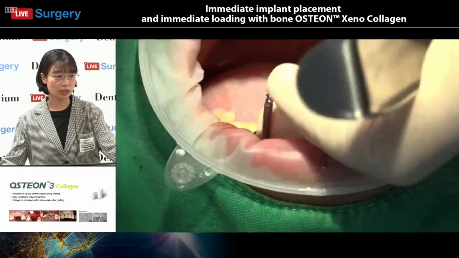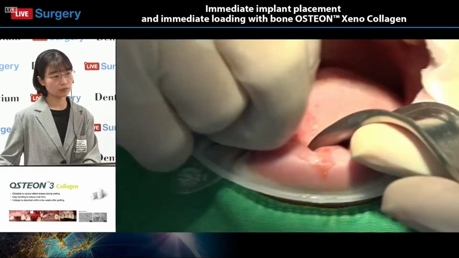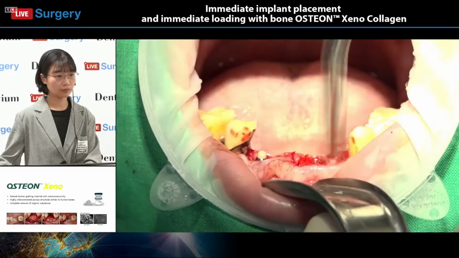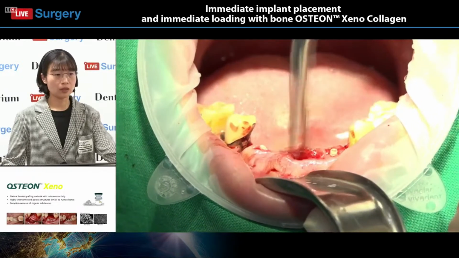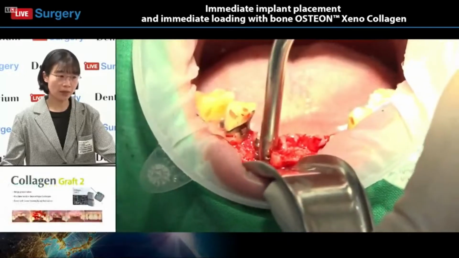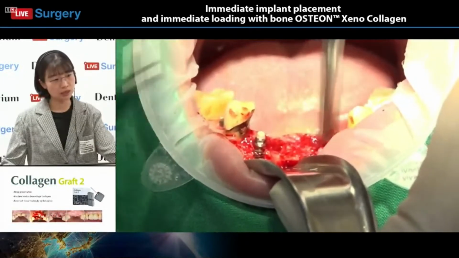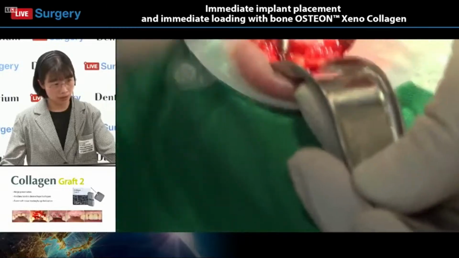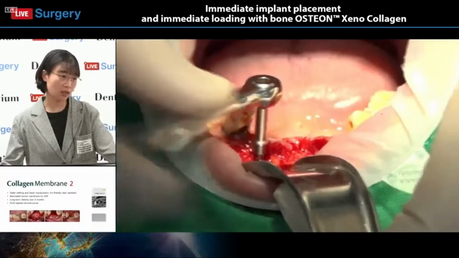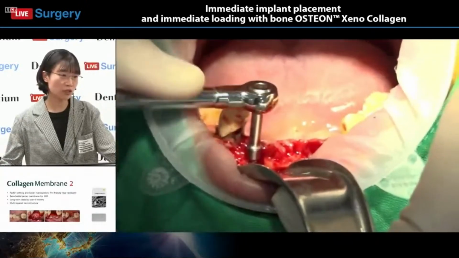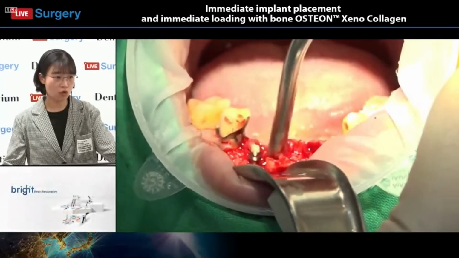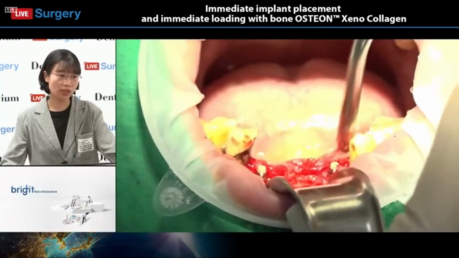Okay, it looks great. So we can see the position is perfect and great. And he makes more insertion with the torque wrench for more rigid initial stability.